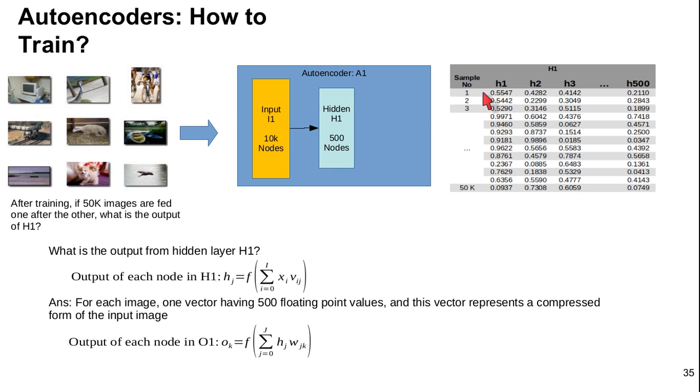Similarly, for image number 2, we would get 500 floating point values which represent the compressed form of this image, and so on and so forth. If we were to use the output layer on these values, we would be able to recreate the original image. Therefore, we can say that each of these feature vectors represents a compressed form or all the useful information from these images.